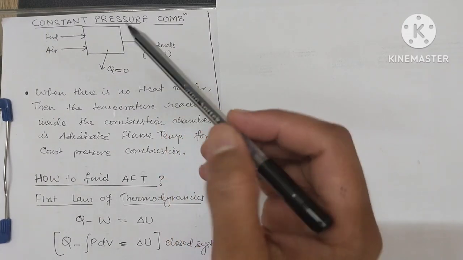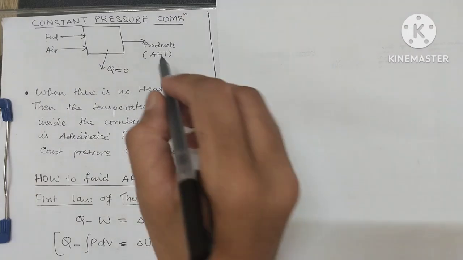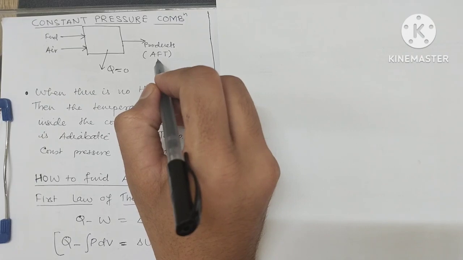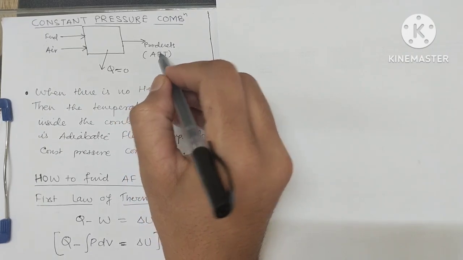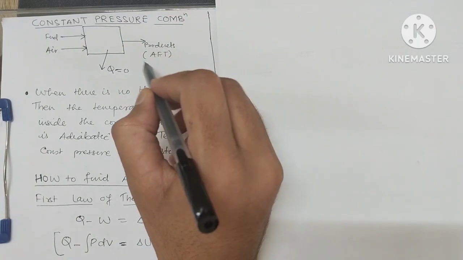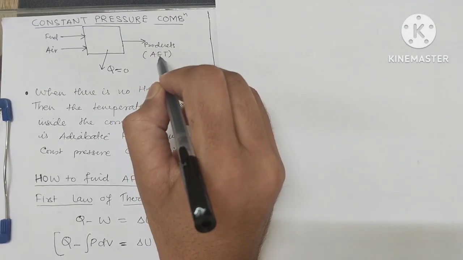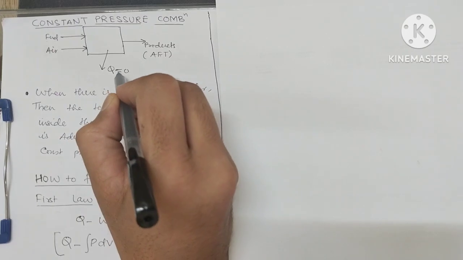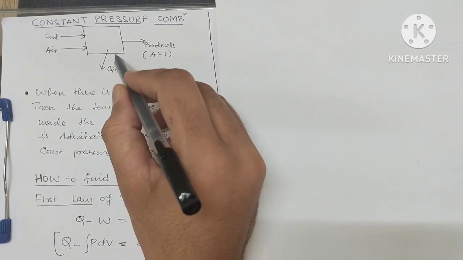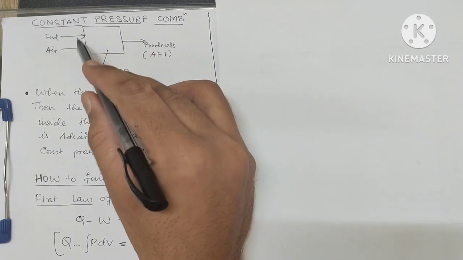Why and how will the temperature of the products be called the adiabatic flame temperature? The temperature of the products will be considered the adiabatic flame temperature when there is no heat transfer happening out of this control volume.